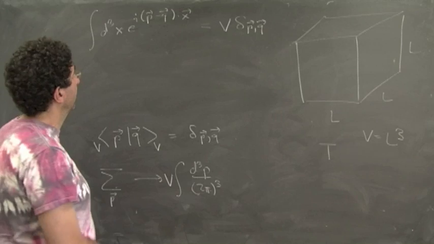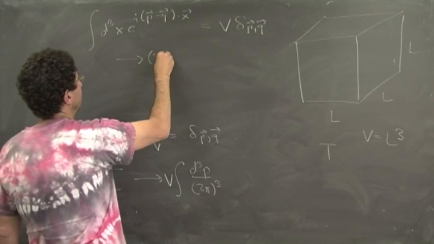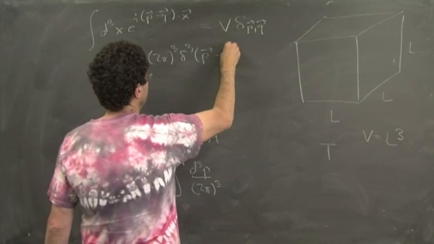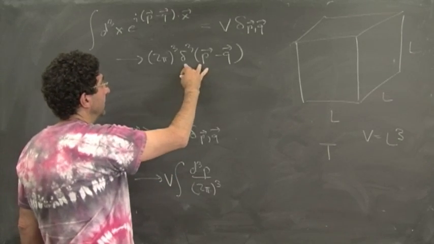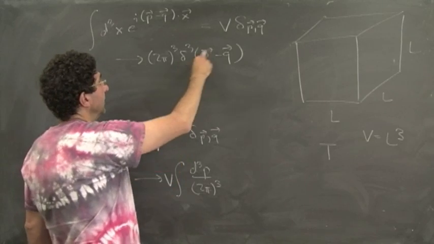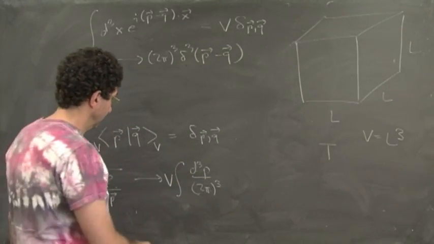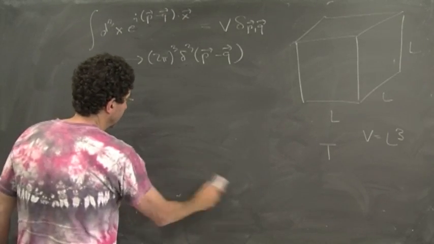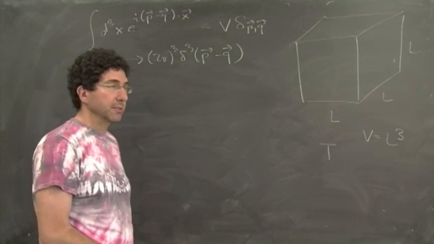If I take the continuum limit, I know that I get (2π)³ δ³(p−q). So this tells me how to identify the continuum delta function with the Kronecker delta, and you see that you get these factors of V.